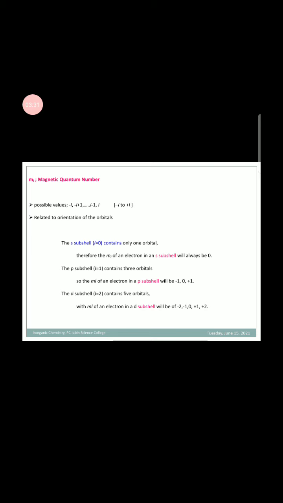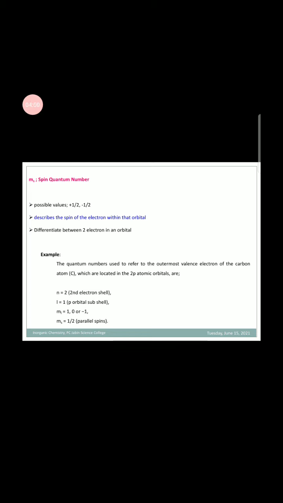So the ml of an electron in a p subshell will be minus 1, 0, plus 1. The d subshell, l equal to 2, contains 5 orbitals, with ml of an electron in a d subshell being minus 2, minus 1, 0, plus 1, plus 2, and it is explained further.